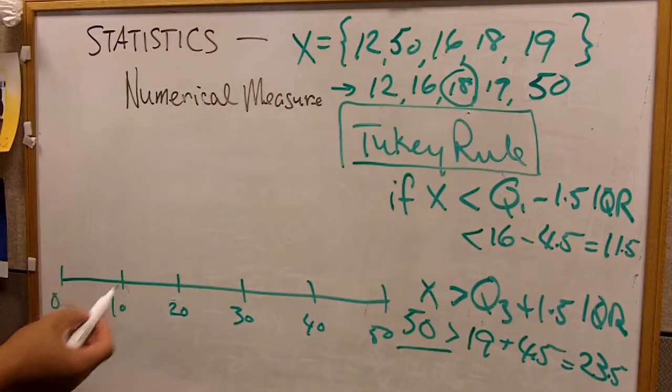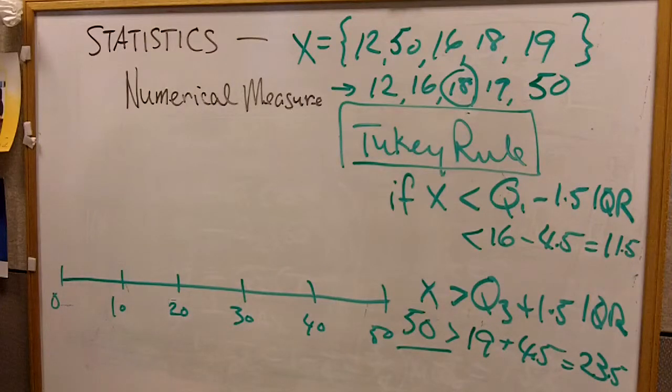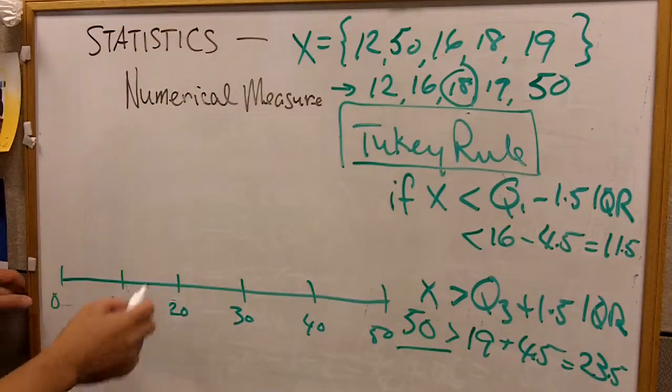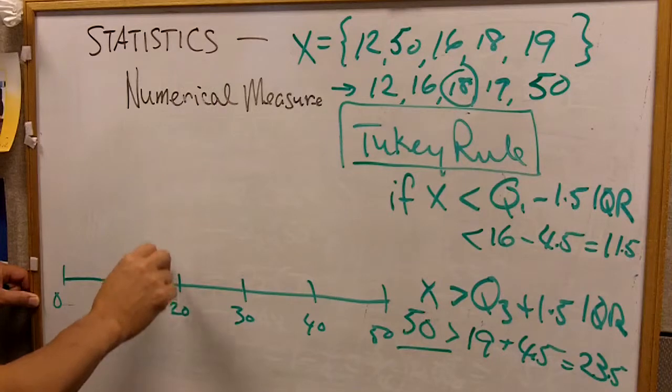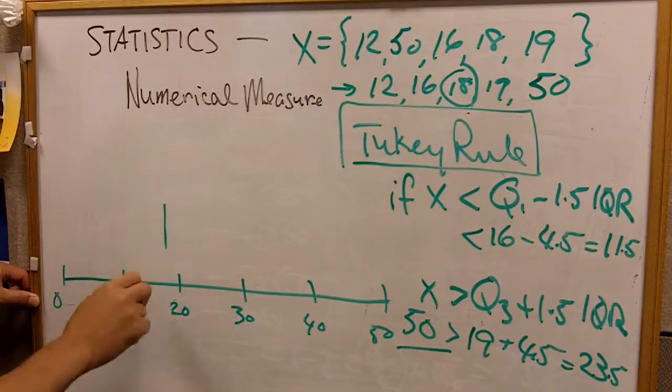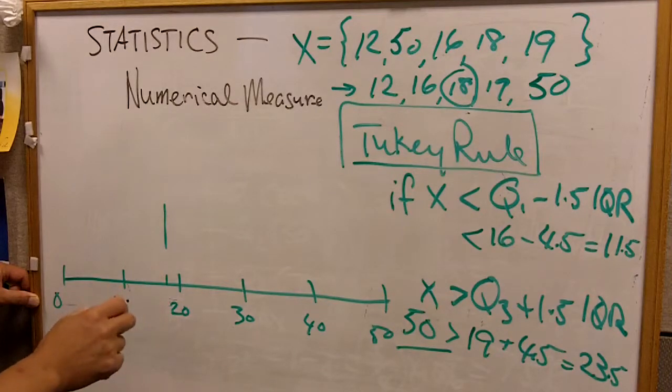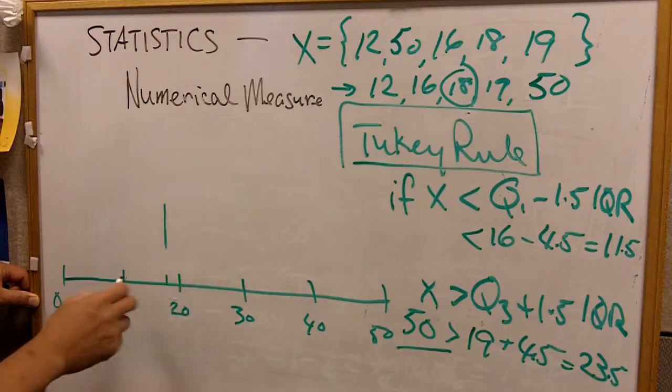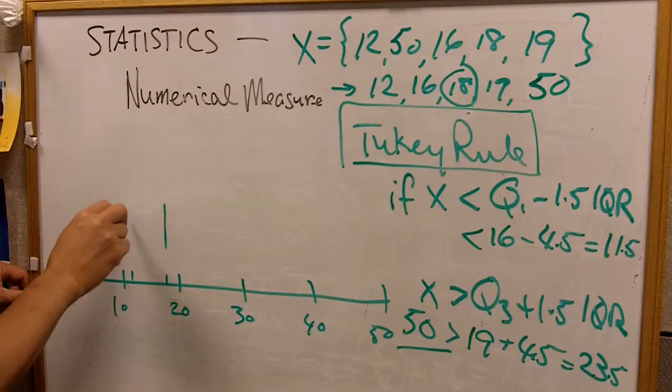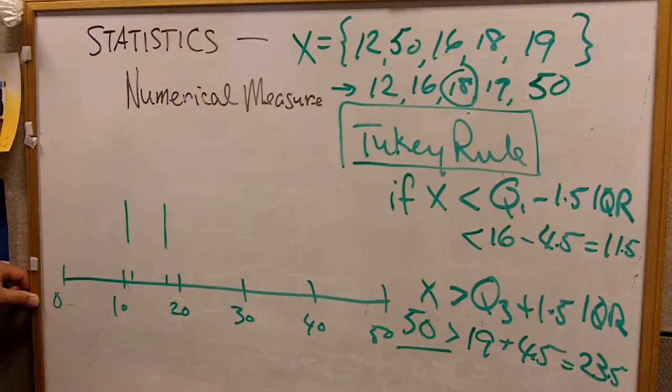And above that, we are going to define the different measures, so that we know that the 18 is going to be right here, approximately 18. It is the median.